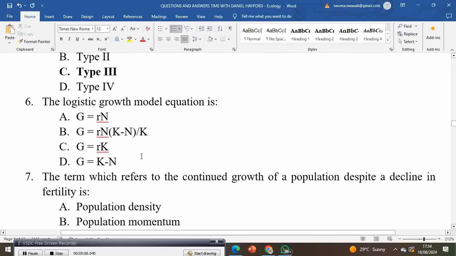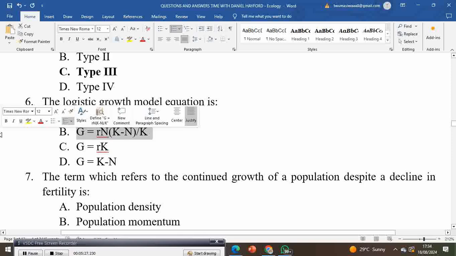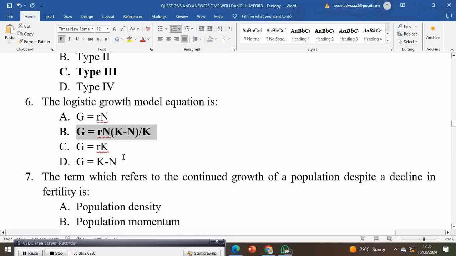Now, question number 6. The logistic growth model equation is... We also have the exponential model and we have the logistic. So which one do you think is the logistic growth model? Is it the first one, the second one, the third or the fourth? It's the second one.